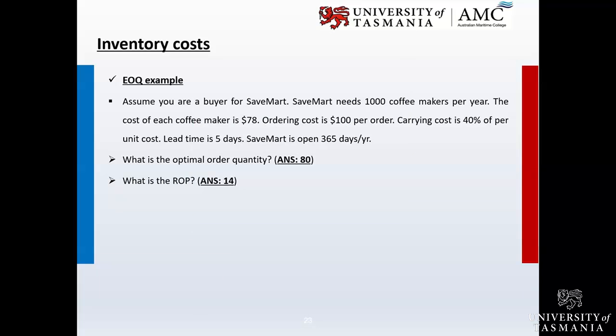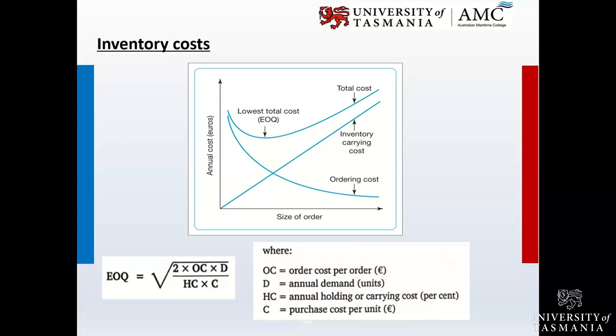Here we have an example. So what you need to do is to find these elements for this formula. For example, in this example, you need to find what OC is, what D is, what HC is, what C is.